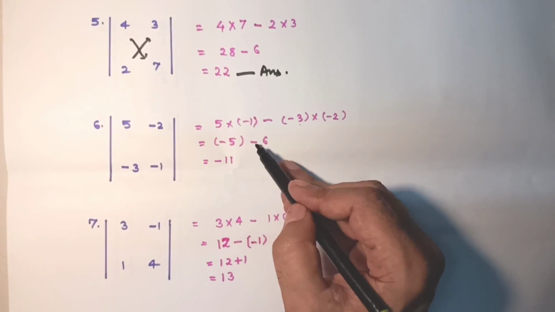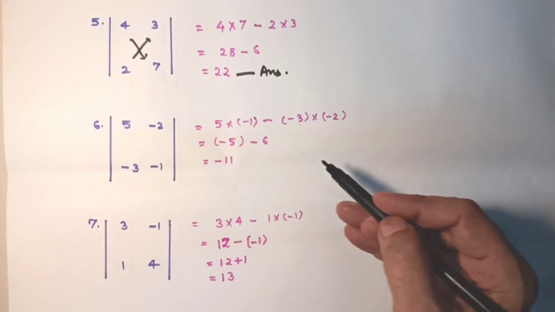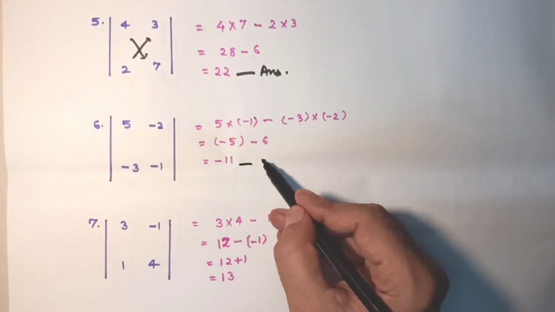So minus 5 minus 6 is minus 11, which is your answer.